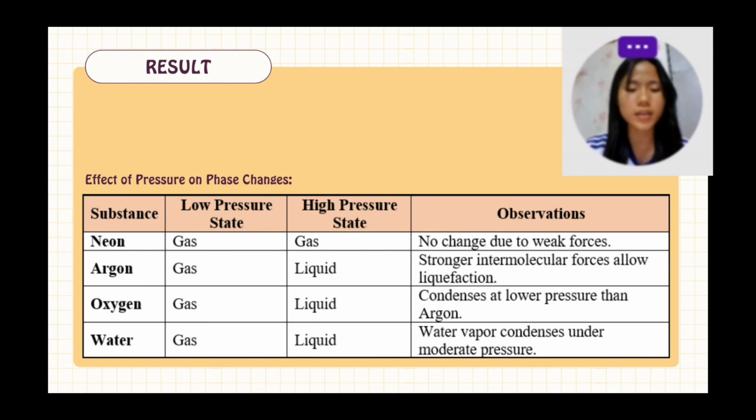And for argon, we see it transition from a gas to a liquid at higher pressures. This is because its intermolecular forces are stronger than neon's, allowing it to condense into a liquid when the pressure increases.